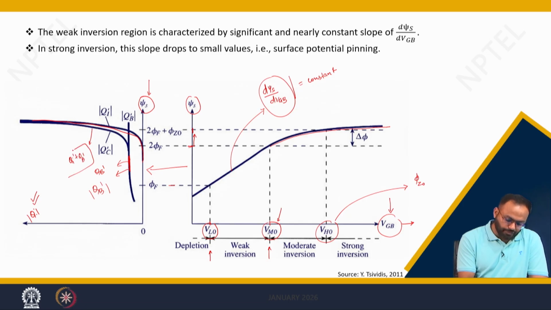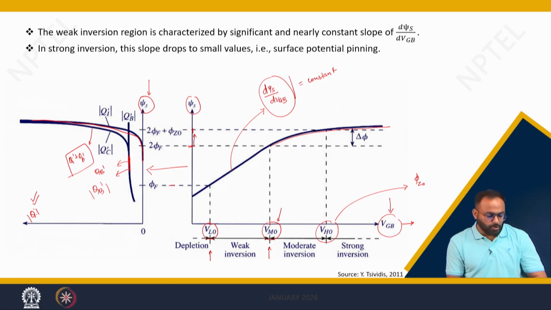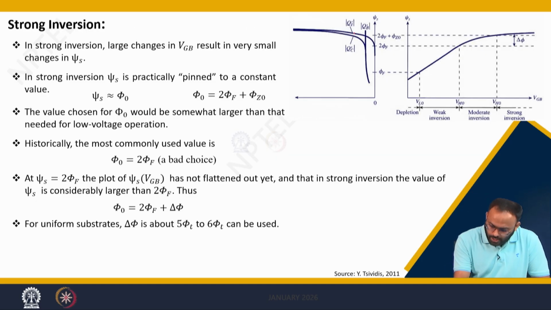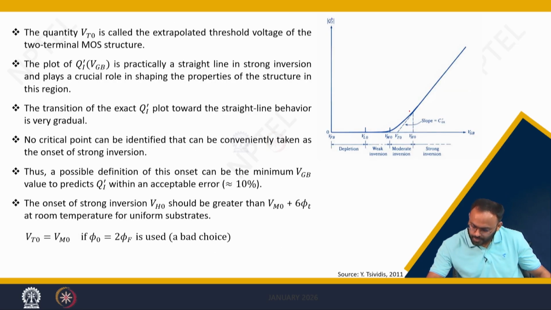Now, how can you classify what is inversion? To classify the inversion, we will see that the graph between QI and the surface potential is almost linear. So, you can see from this graph here, the QI dash and VGB graph is almost linear.